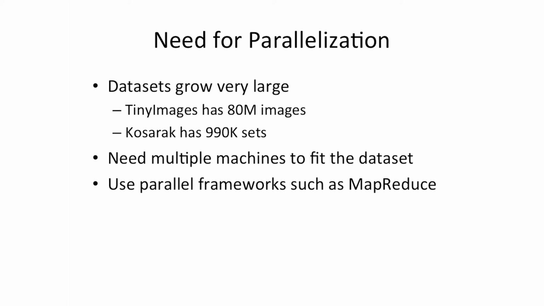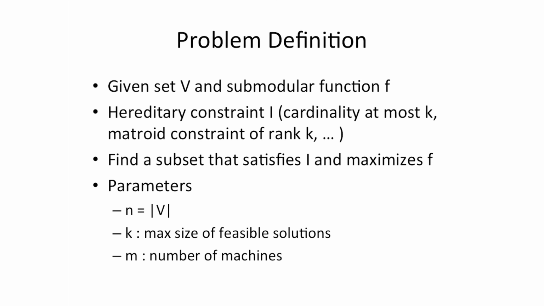Just to recap the problem, I remind you of my notation. In this talk, we'll be interested in maximizing a submodular function, subject to a hereditary constraint. That means that if I have a set that is feasible, then all of its subsets are feasible. So you can think about a cardinality constraint or a matroid constraint of some rank.